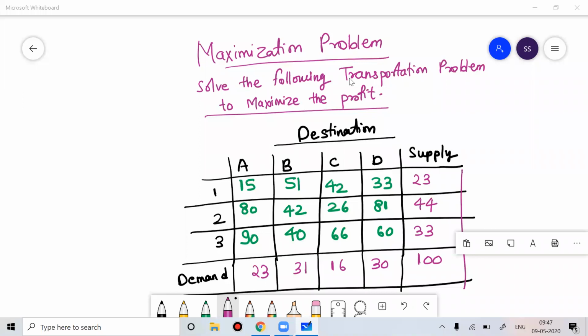If they are equal to m plus n minus 1, then the given solution is non-degenerate. Otherwise, the given solution is degenerate.